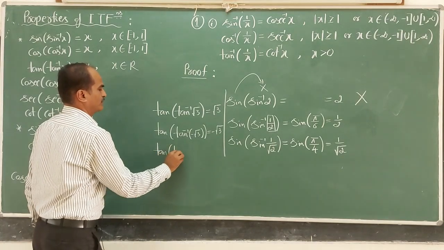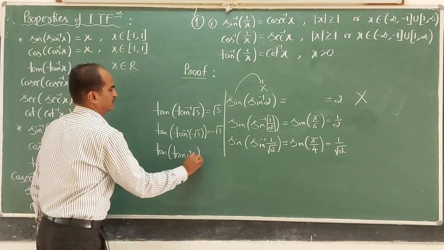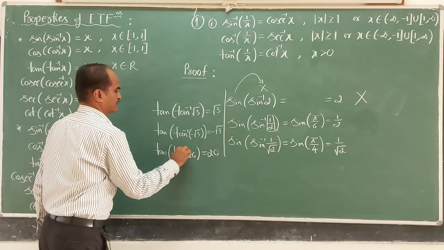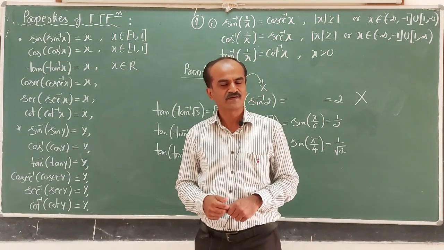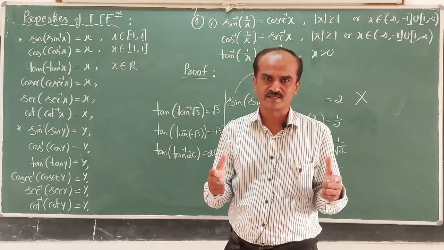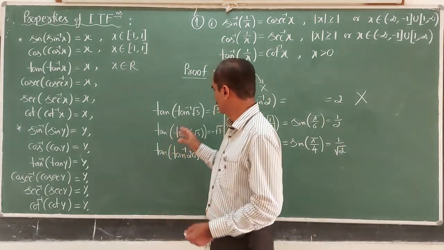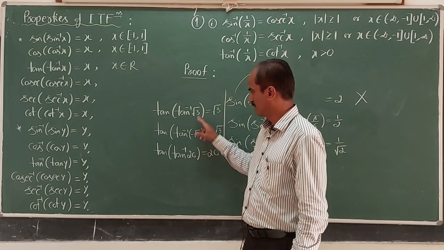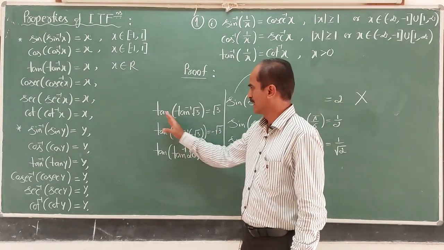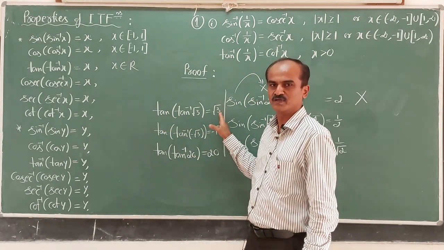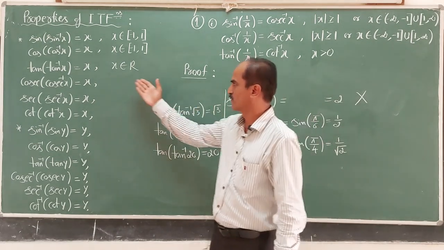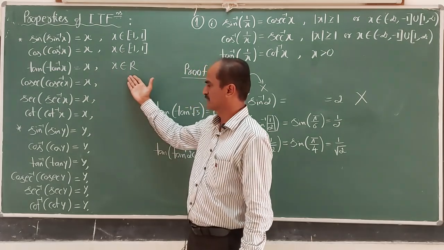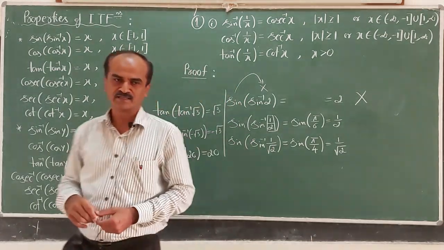Tan of tan inverse 20 is also equal to 20, because the domain of tan inverse function is what? The whole real set. So here whatever may be the real number it takes, as argument for tan inverse, tan of tan inverse of that real number will be equal to the same real number. No restriction here. Therefore, tan of tan inverse x equal to x, where x can be any real number.